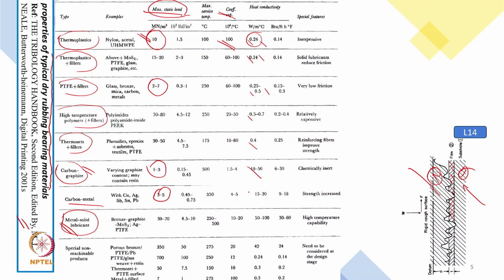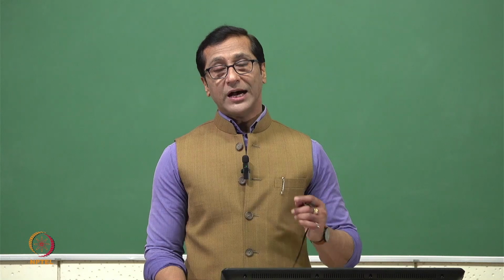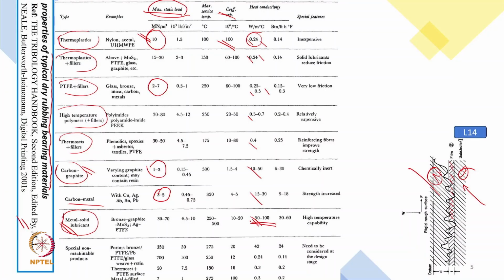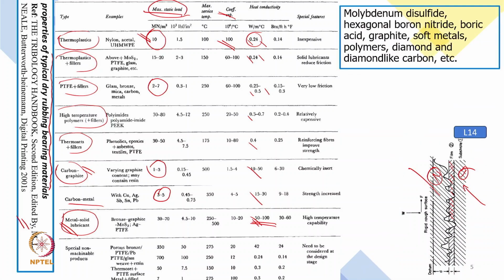Coming to carbon graphite, 10 to 15, 15 to 30. Coming to metal, it is 50 to 100. Now graphene will have more than this metal itself, and we really require a good thermal conductivity, and graphene provides much better than metal itself. So it is very important, and we should count those things.